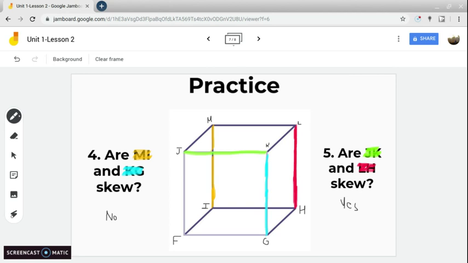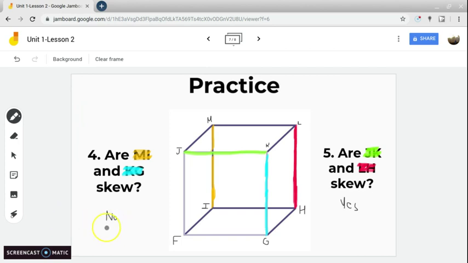They cannot be on the same plane. Skew has to be not coplanar, and if it isn't skew, then it will be coplanar. So it's a little bit backwards there. Skew means it's not coplanar.